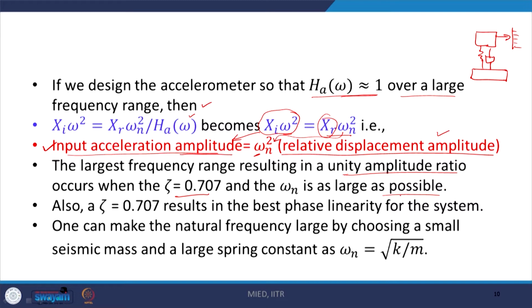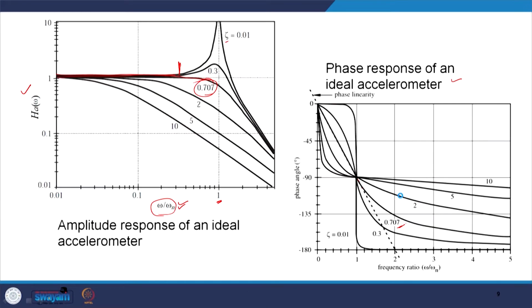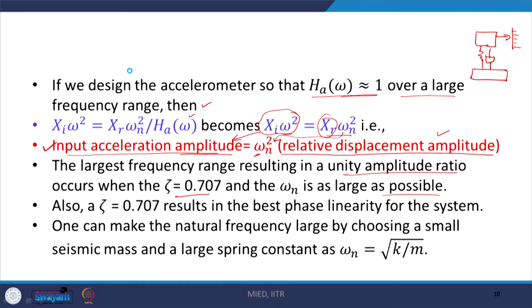And why omega n is as large as possible? Because if your omega n is large, your omega by omega n value is going to be smaller, and the smaller the omega by omega n value, the more linear range you will be getting over here.